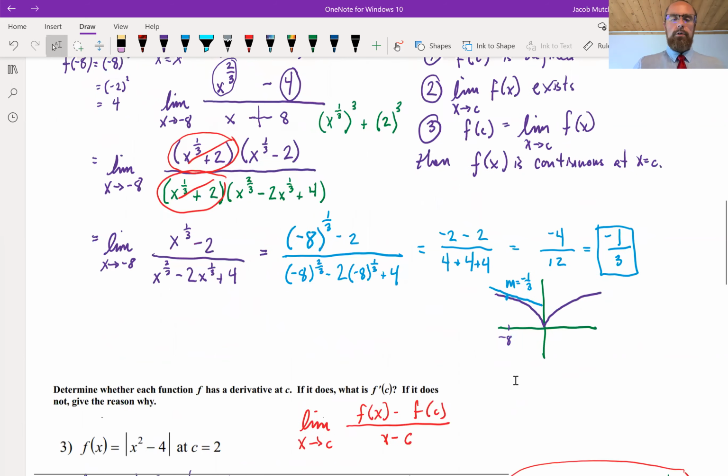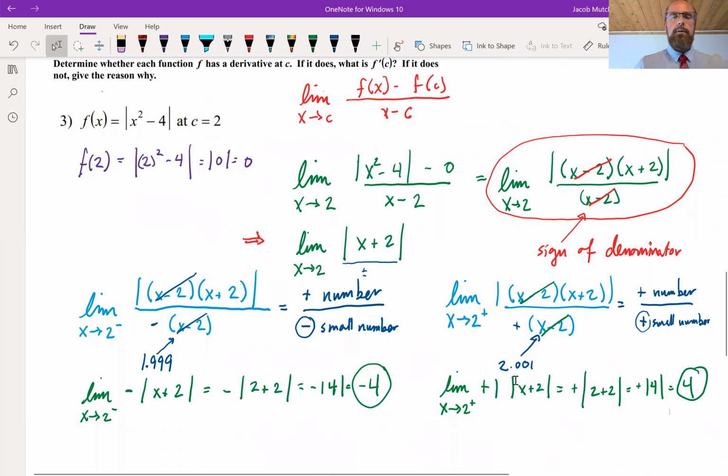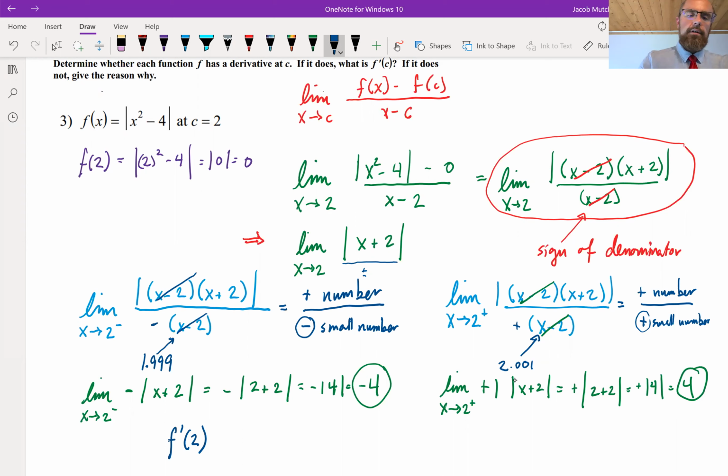So what we'll conclude here for number 3, if we were to write it out, is that the derivative of this function f of x at 2 does not exist.